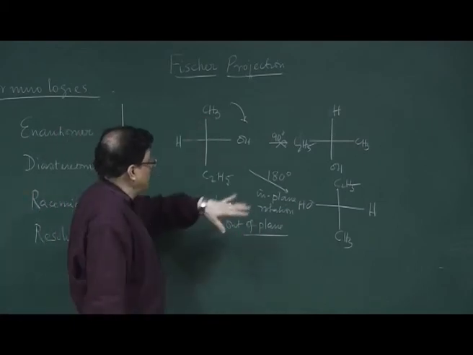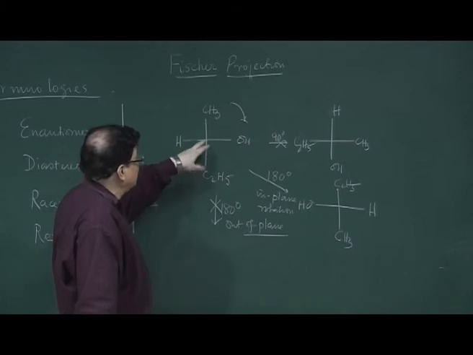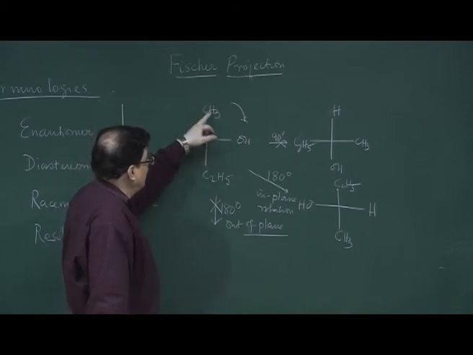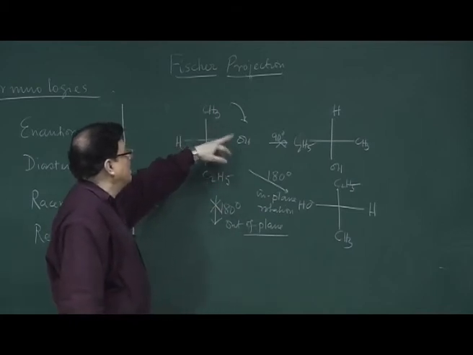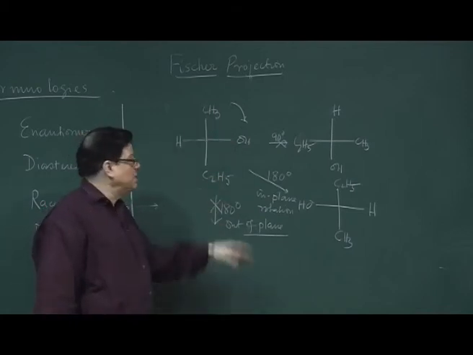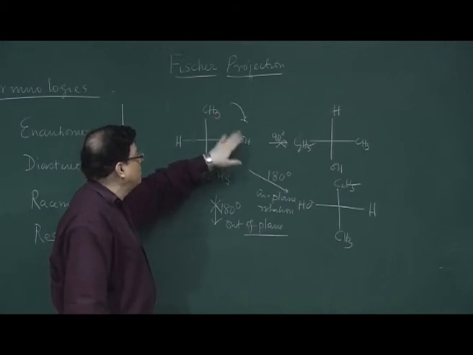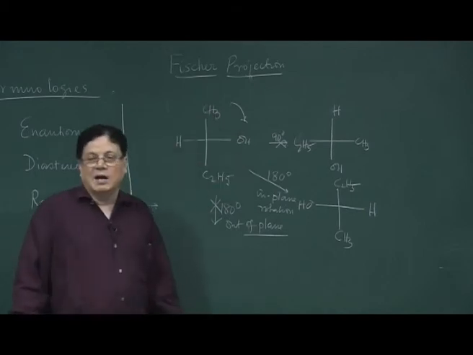Then what are the other rules? The other rule says that you can exchange the position of these ligands. Suppose I exchange OH with methyl, I put OH here, methyl here, whether that is allowed or not.